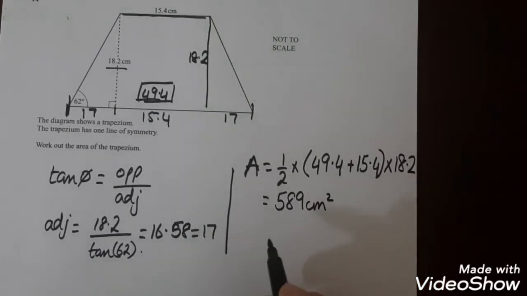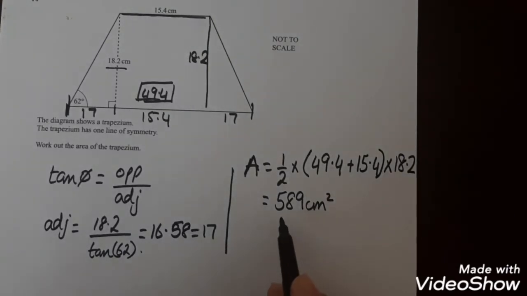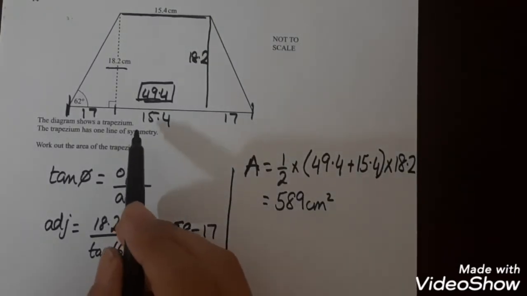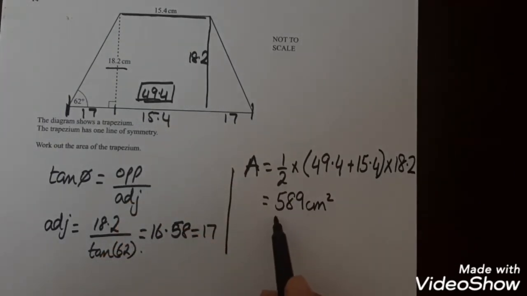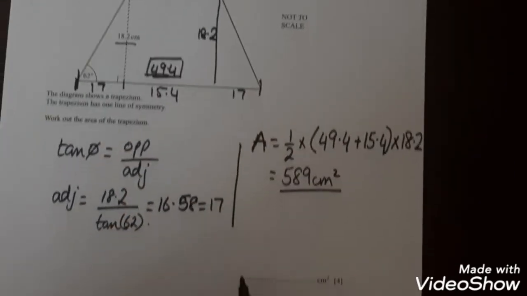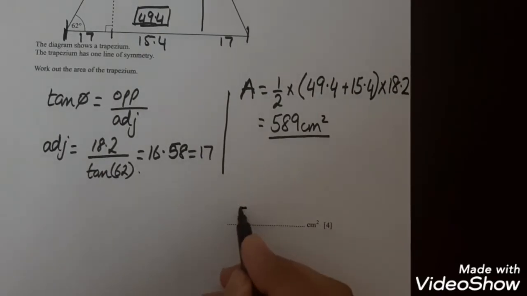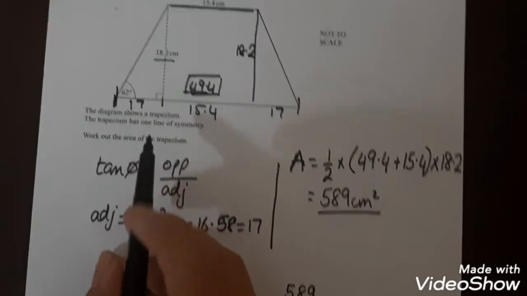In the answer sheet it's written around 460 or 470, which is wrong because there is some error in the answer sheet. So you have to write 589 centimeters squared as your final answer for the area of the trapezium.